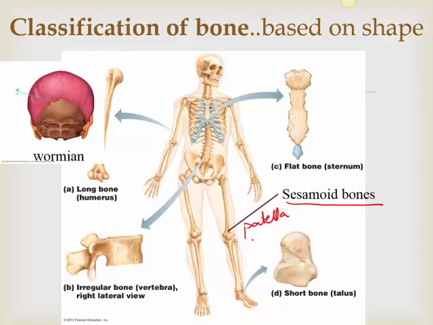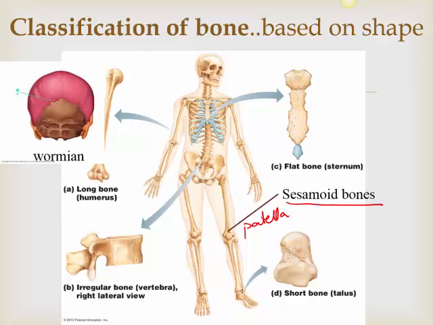So this patella actually grows in the tendon of a muscle, which we'll do when we do the muscular system. That muscle is called the quadriceps femoris muscle, the quads as you all know it, and it helps to prevent friction between the tendon and bone.